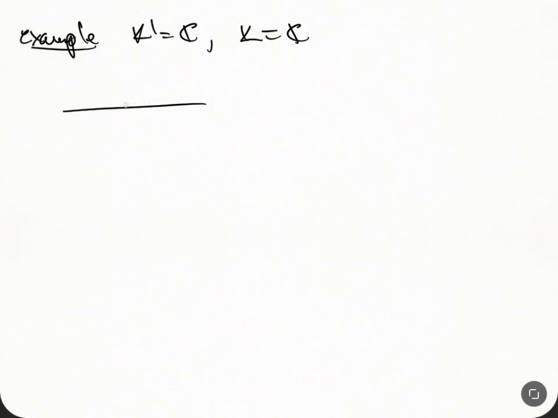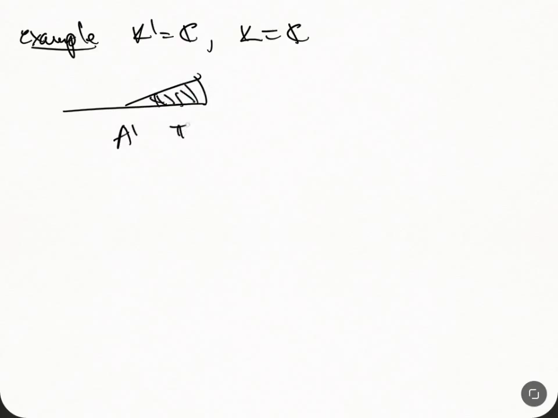So we have an example. Let me just give you the idea. We could have K prime being C, K being C, and then what we're going to look for is, suppose we have an angular region here, A prime.